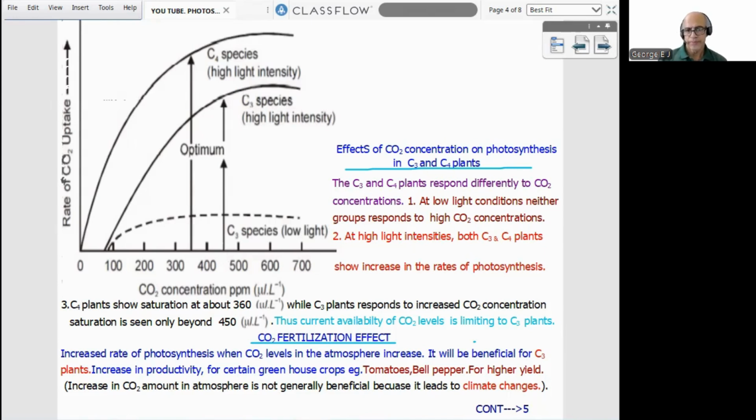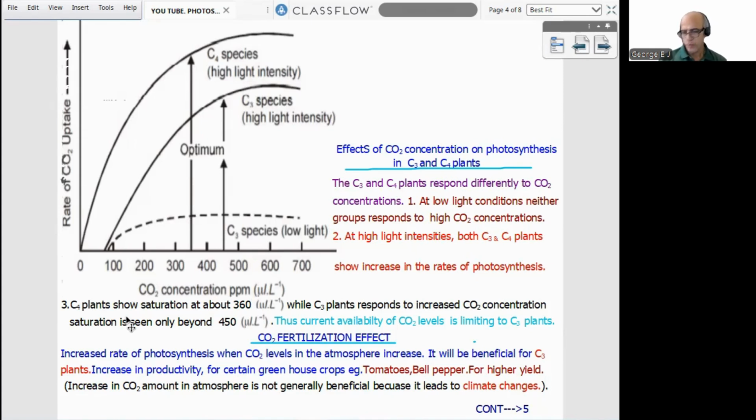So we can proceed. C3 and C4 plants respond differently to carbon dioxide concentrations. First condition, at low light condition, neither group responds to high carbon dioxide concentration. But when we come to high light intensity, both C3 and C4 plants show increase in rate of photosynthesis.